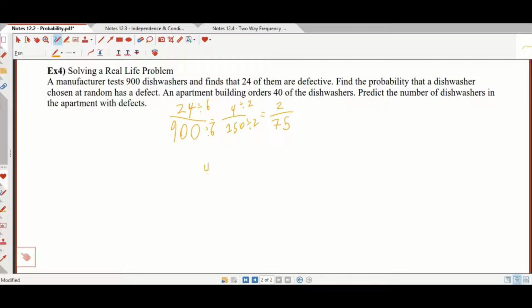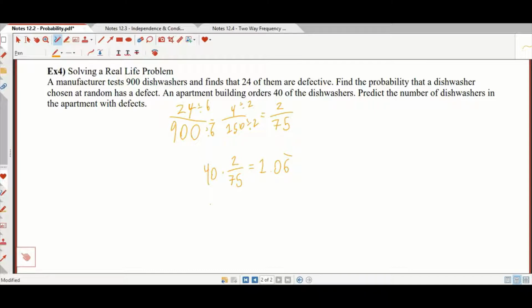So if you order 40 dishwashers and your probability of getting a defective one is 2/75, that's going to be equal to 2 over 75 multiplied by 40, and you get 1.06 repeating. You can't have 1.06 repeating defective dishwashers.